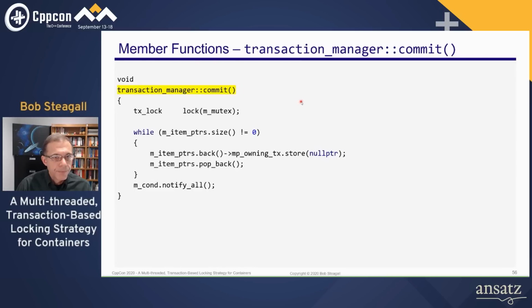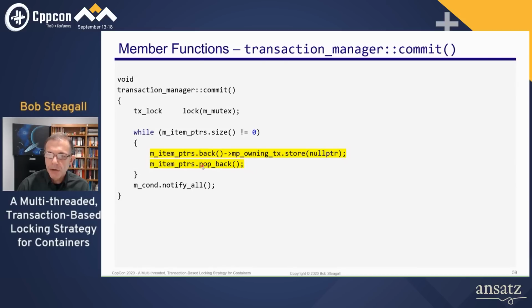Here's the logic for commit. It's a little more complicated, but it's analogous. Before I can commit a transaction, I have to lock the mutex that's part of my member data. Then while I still have items that I own that are members of the update group, I'm going to set the owning pointer in each of those elements atomically back to null, meaning this element is no longer owned.